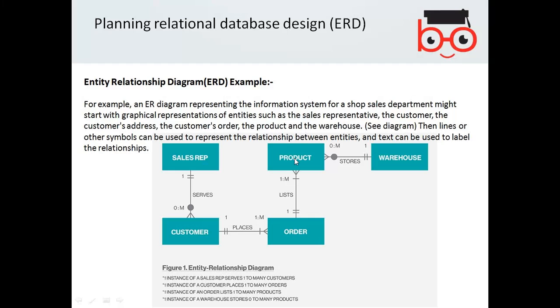One product could be sold in different orders, and one warehouse could produce many products. So this kind of entity relationship diagram represents the entities as well as the relationships among them.